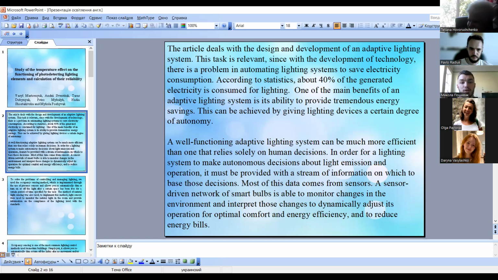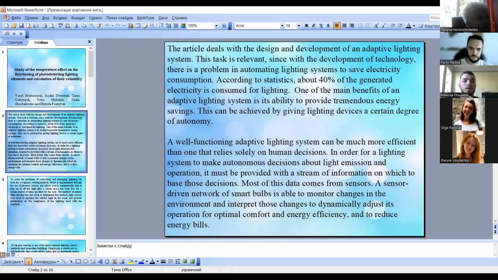One of the main benefits of an adaptive lighting system is the ability to provide tremendous energy savings. This can be achieved by giving a lighting device a certain degree of autonomy. A well-functioning adaptive lighting system can be much more effective than one that relies solely on human decision.